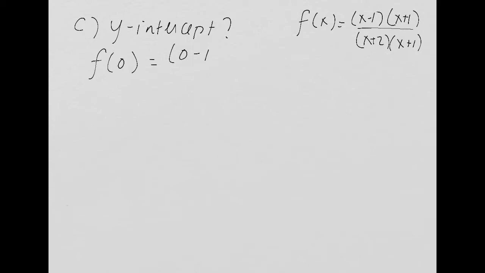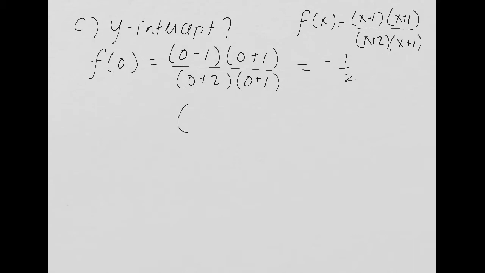So this is 0 - 1, 0 + 1, and then 0 + 2, 0 + 1. And if I clean this up, I think I'm getting back -1/2. Now, because I'm being asked for an intercept, they're really saying that they want a point back. So all this work is great, but what we want to say is that the y-intercept is this specific point that lies on the y-axis.